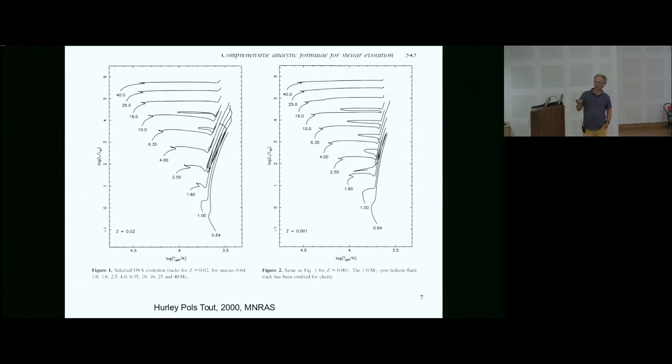If we go to lower metallicity, which corresponds to either the stars in the halo of our galaxy or in the early universe, when the metallicity was lower, in globular clusters, in the LMC, the metallicity is lower.